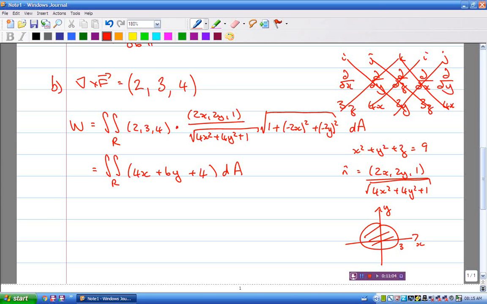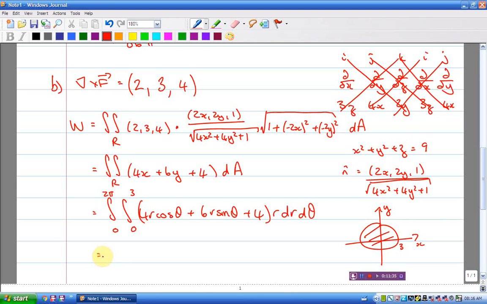So my integrand really would be perfectly happy with rectangular coordinates, but the region quite strongly nudges us towards a change to polar. So that'll be 4r cos theta plus 6r sine theta plus 4, all times r dr d theta. R goes from 0 to 3 and theta goes from 0 to 2 pi, and we would solve that. Not too hard to solve.